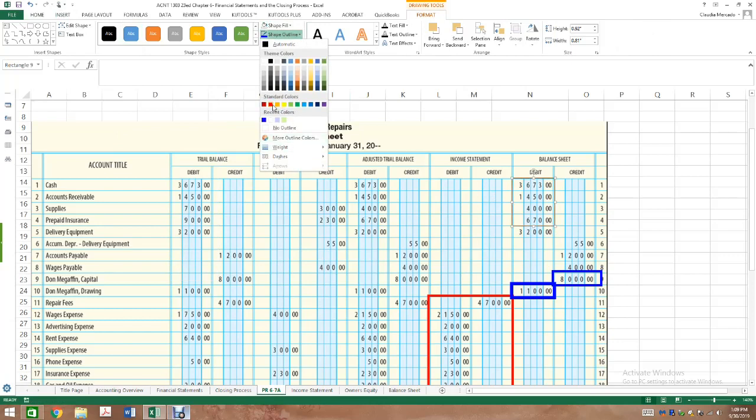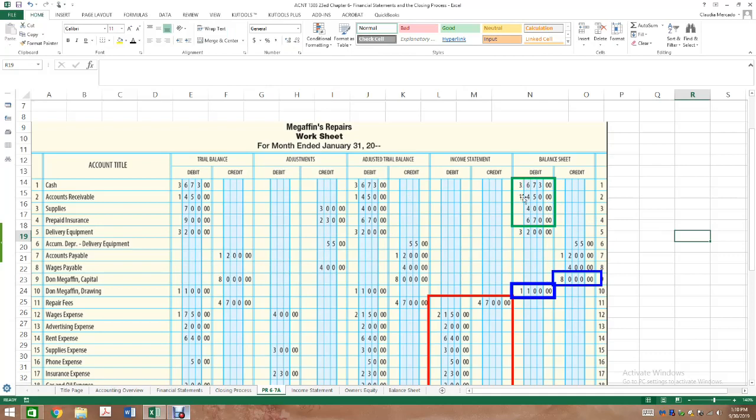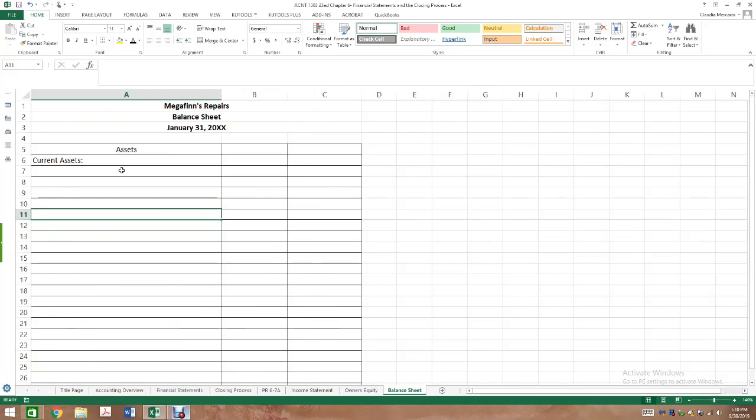And let me do green. That way we can see the different components. So my cash, my accounts receivable, my supplies, and my prepaid insurance are all my current assets. So I'm going to copy this information over to my balance sheet.